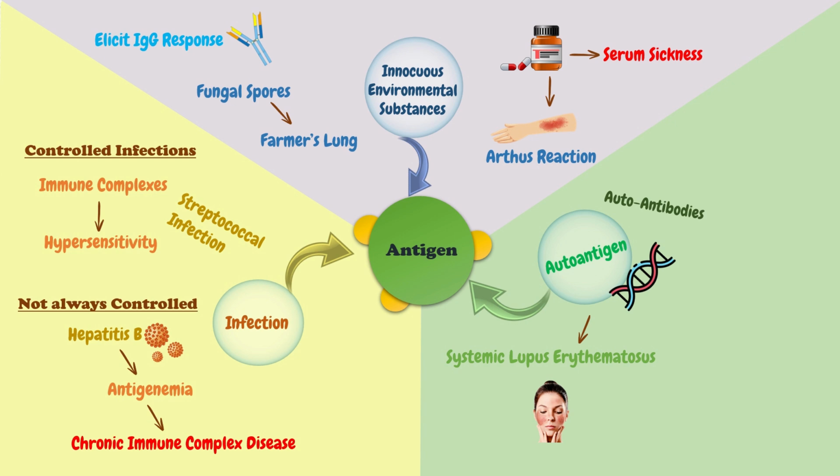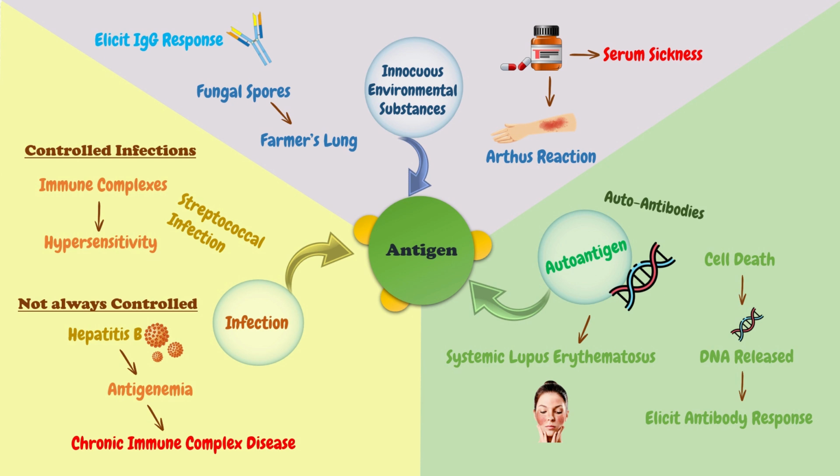Now, if there's a defect in the innate immune system, when cells die, DNA is released into the circulation. So, DNA that is not rapidly cleared can elicit an antibody response. So, these were the antigens of immune complexes from three different sources: infections, environment, and self, the autoantigens.